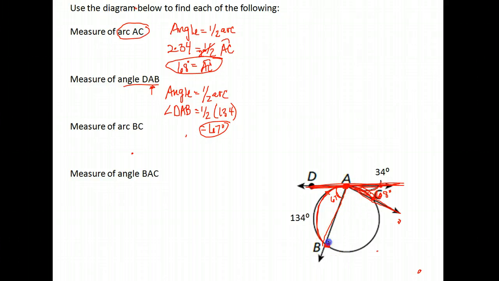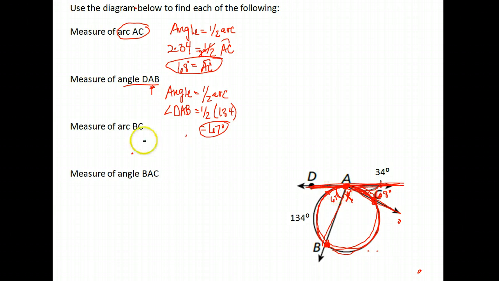Okay, so BC starts at B and goes to C on the edge of the circle. Now we have a problem here because we don't have the arc. We also don't have the measure of this angle right here. But one thing we can do is notice if we start at A and go all the way around the circle to A, how many degrees is that?